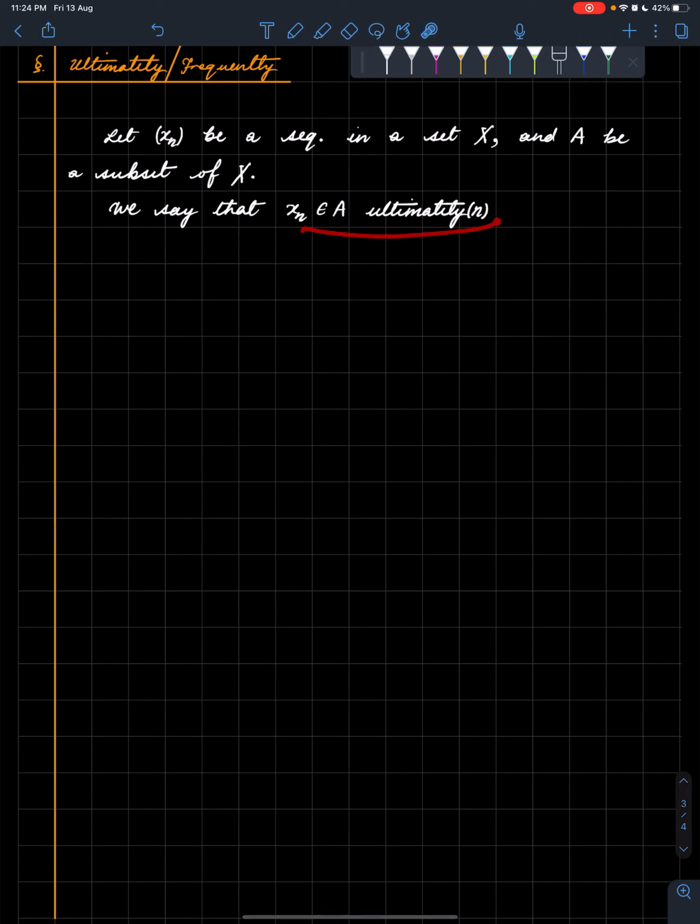We read it as Xn is in A ultimately over n if there is some natural number N, and I like writing it this way rather than saying that it belongs to the natural numbers, since it looks a little bit ugly to me if I write it that way. So just bear in mind that this is a natural number, such that Xn belongs to A for all n greater than or equal to N.